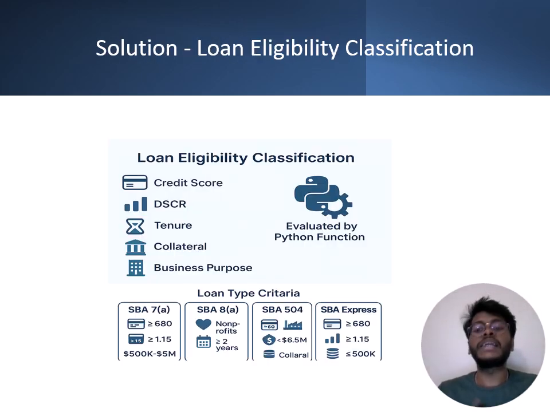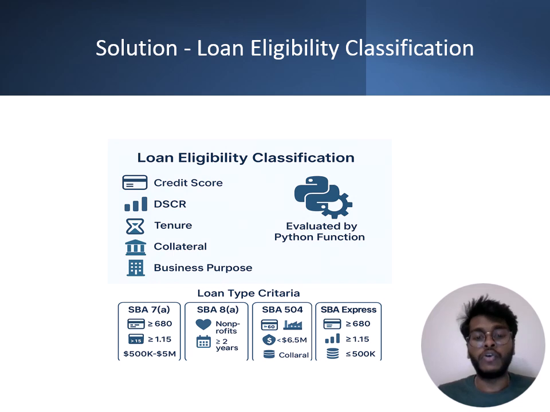So after generating the synthetic data, we need to generate the values of the target column. The company has given us certain conditions, like what are the required parameters for a candidate to get a certain type of loan. So there are four types of loans and there are different conditions for each parameter for an applicant to qualify for a single loan.